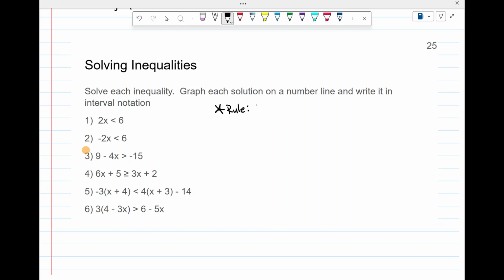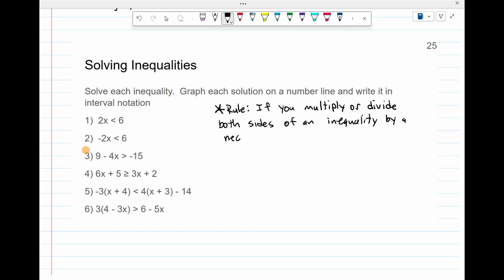Rule: if you multiply or divide both sides of an inequality by a negative number, you must change the direction of the inequality sign.